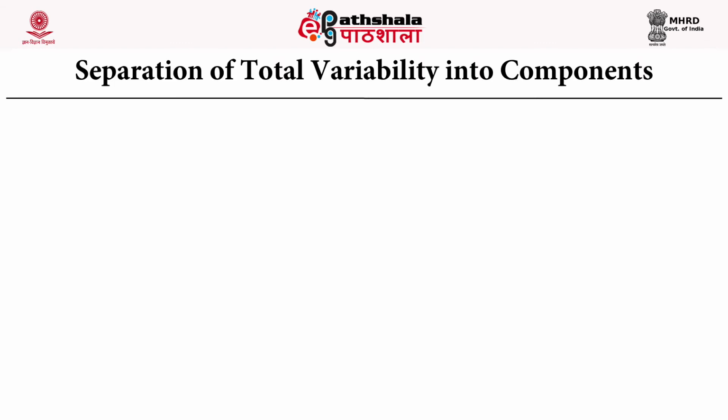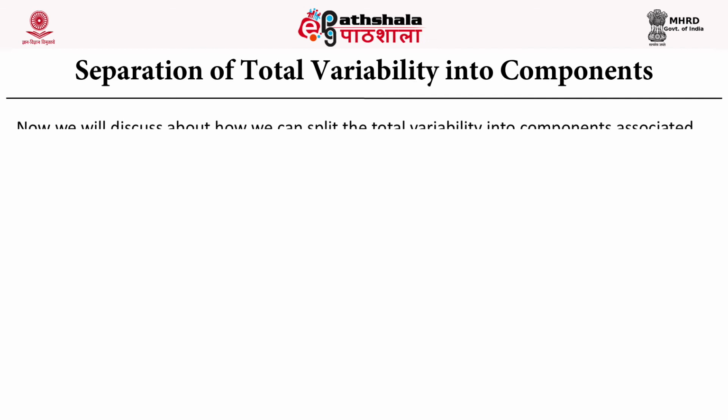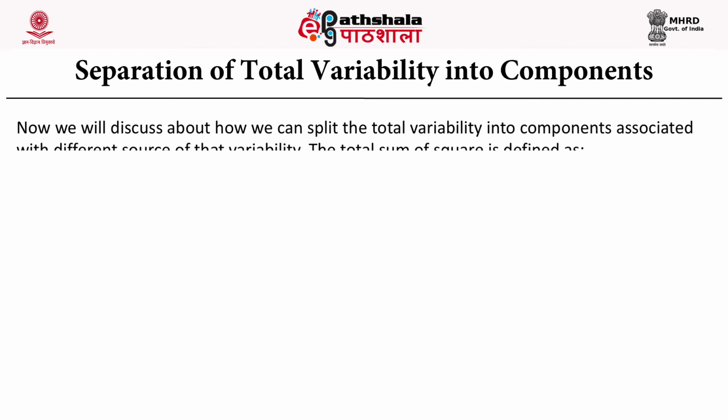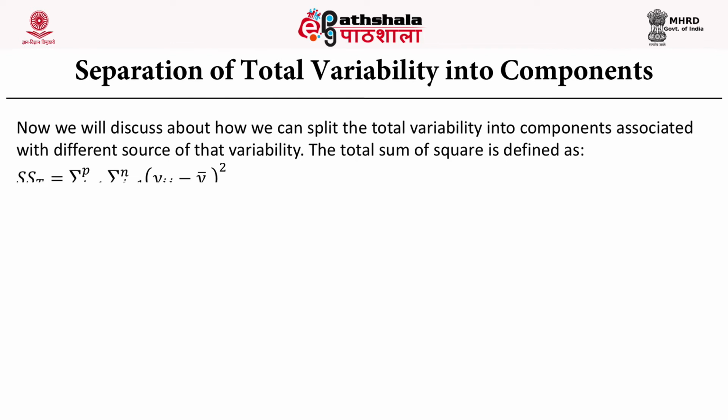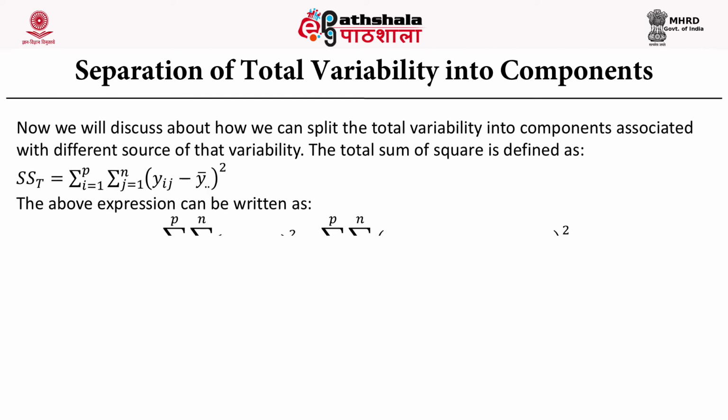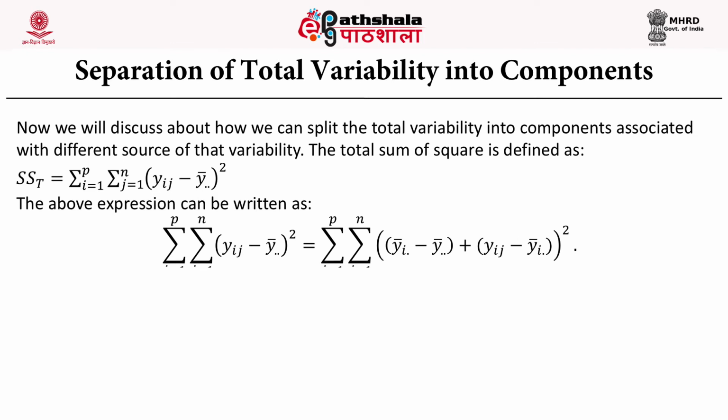Now we will discuss how we can separate the total variability into components. In this section, we see how we can split the total variability into components associated with different sources of that variability. The total sum of squares, SST, is defined as the double summation of yij minus y double dot bar, summed over i and j.